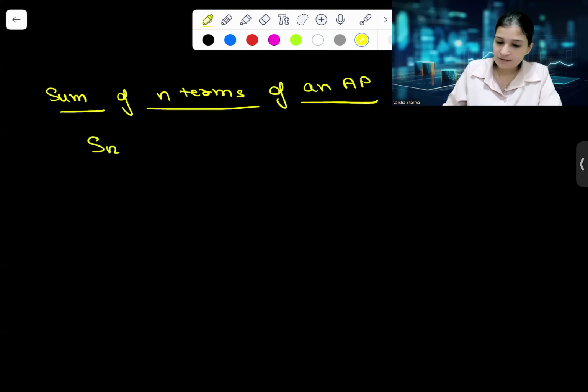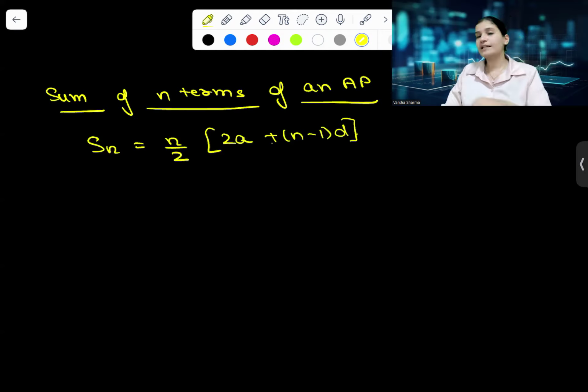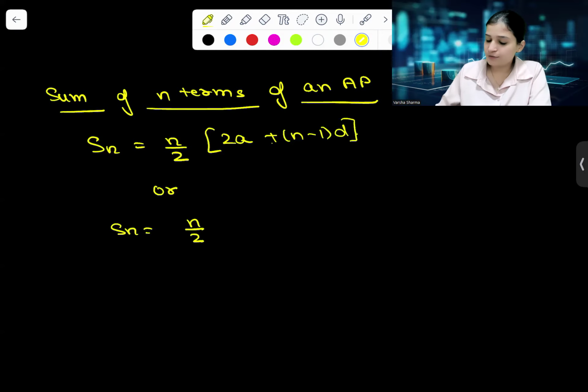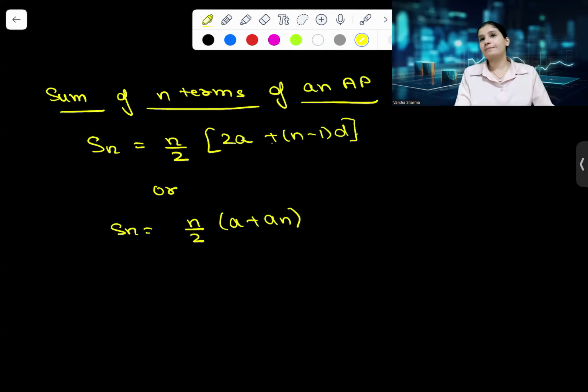So Sn is n by 2 times (2A plus (n minus 1)D). Here there are 4 terms: A, n, D, Sn. Out of 4, 3 will be given, the 4th we have to find. Or we can also use the formula n by 2 times (first term plus last term), A plus An.